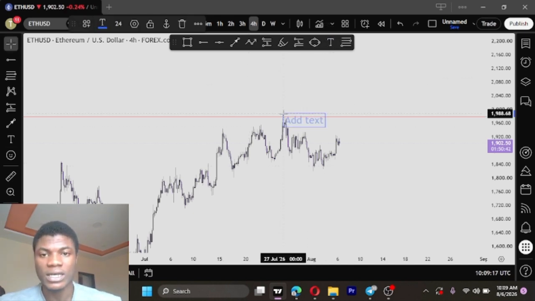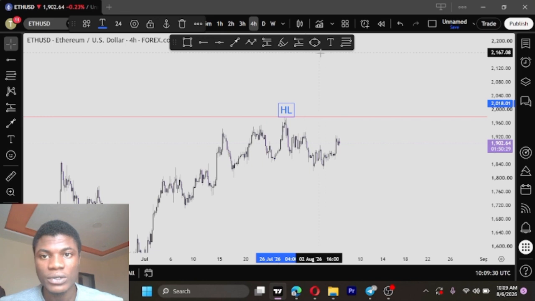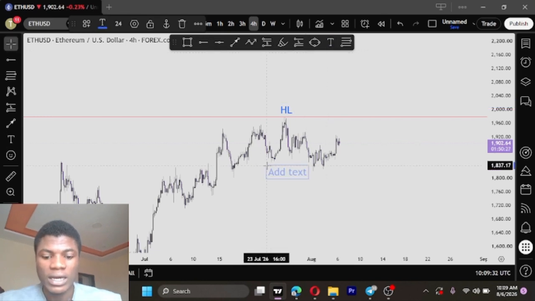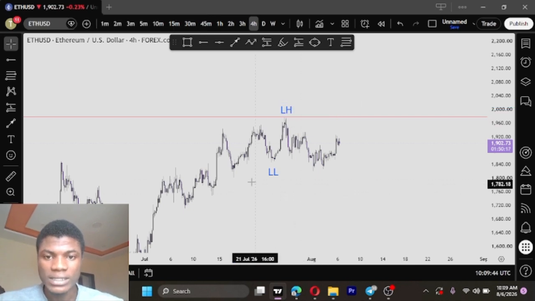You can see that there was this high, which is the swing we can identify as the higher low, because market is about to drop, right? So if we call this a higher low, we're going to call this a higher... sorry, this guy should be lower high, while this is lower low.